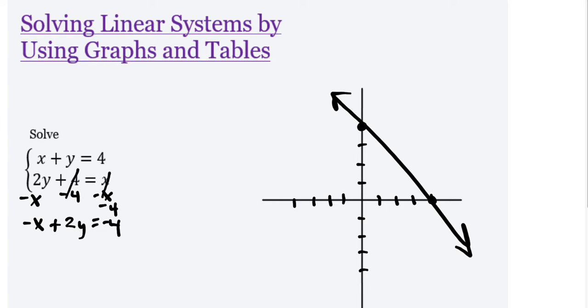So if I put my hand over the x's, then this says 2y equals negative 4. Divide by 2 in your head or on paper, and the y-intercept is negative 2. Then I can put my hand over the y's.